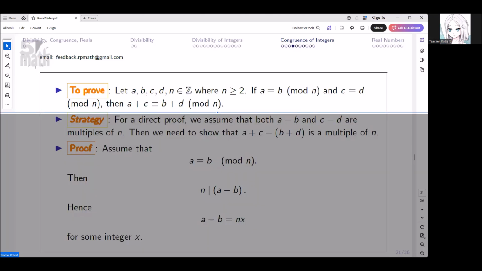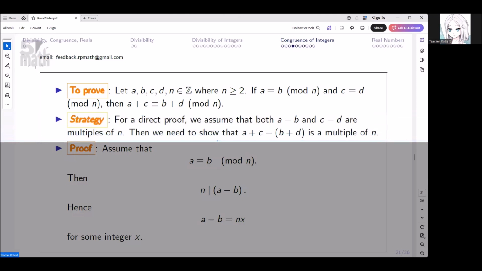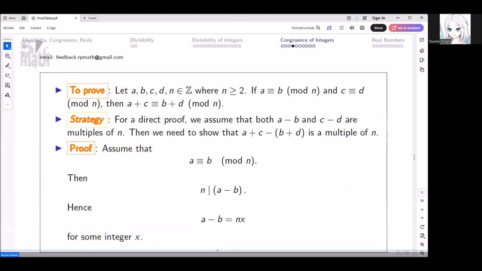To prove: let a, b, c, d, n be elements of the integers where n is greater than or equal to 2. If a is congruent to b mod n and c is congruent to d mod n, then a plus c is congruent to b plus d mod n. Strategy. For a direct proof, we assume that both a minus b and c minus d are multiples of n. Then we need to show that a plus c minus b plus d is a multiple of n. Proof. Assume that a is congruent to b mod n. Then n divides a minus b.